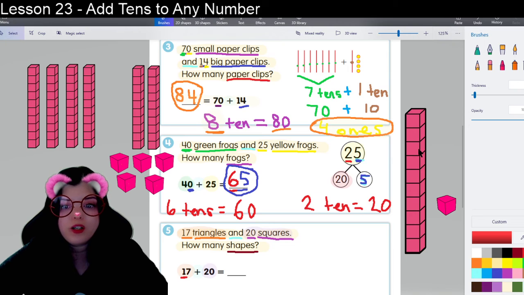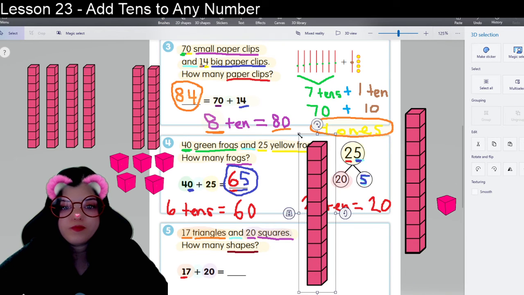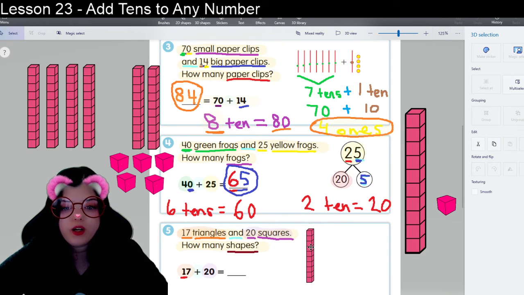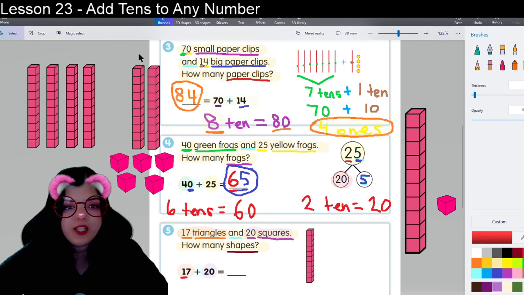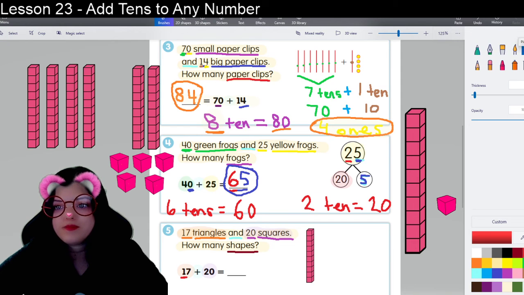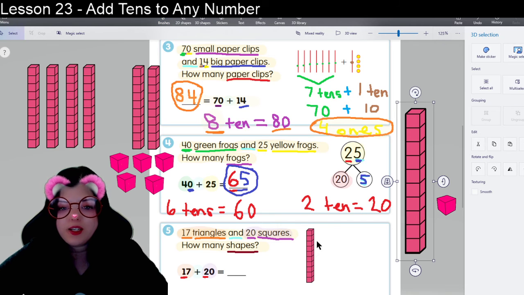So let's grab one group of 10. We have our one group of 10 from 17. And then how many tens in the number 20? 2. You're right. If you look at your tens place, you'll see the number 2, which means we have two groups of 10 in the number 20.